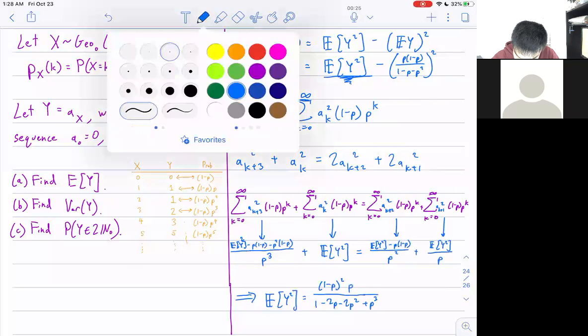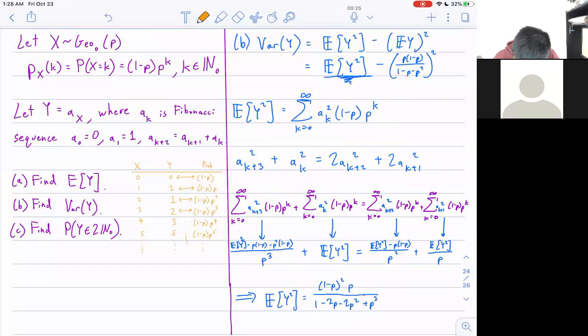So taking this expression right here, and plugging it back here, and then subtracting off the expected value of y quantity squared, we get our result. Pretty neat, would you say?